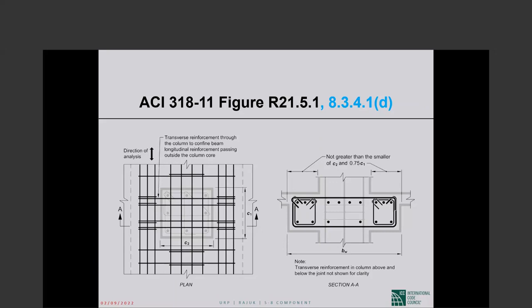We can come up with an effective beam width that defines the part of the slab that acts as a beam.